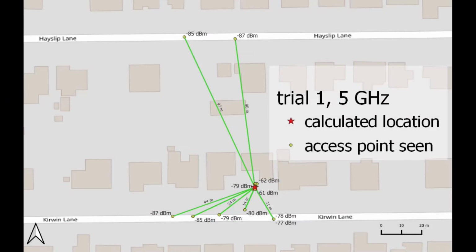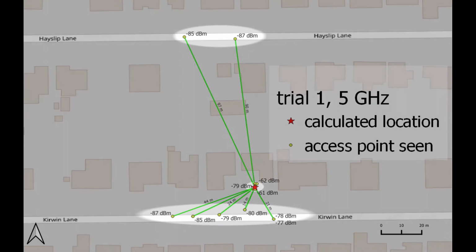In order to measure how far the Wi-Fi signals are traveling, I needed to calculate, or at least estimate, the Wi-Fi access points' locations. Using just one access point as an example, each green dot on this map represents a spot at which the access point was seen. The number represents the signal strength at that spot.